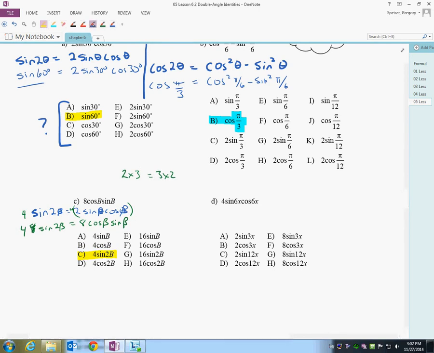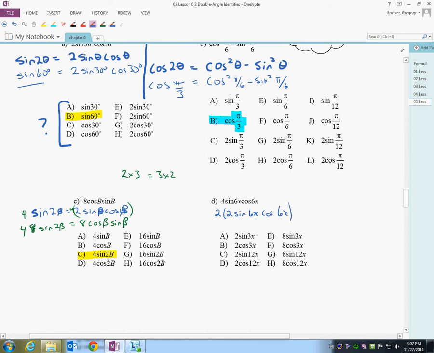Okay. Next question. Okay, similar, isn't it? So sine times cos again. So I'm going to say, well, I can multiply this like this, factor out a 2, because I need a 2 inside of there. Sine of 6x times the cos of 6x.